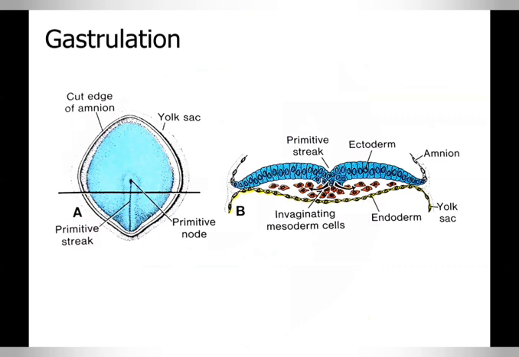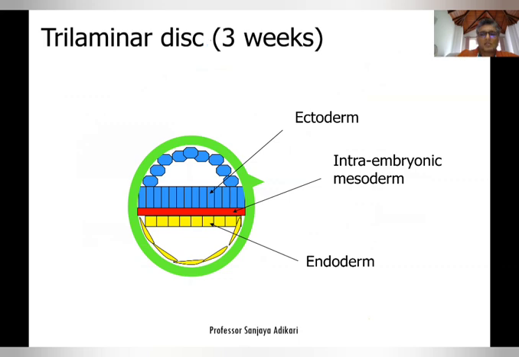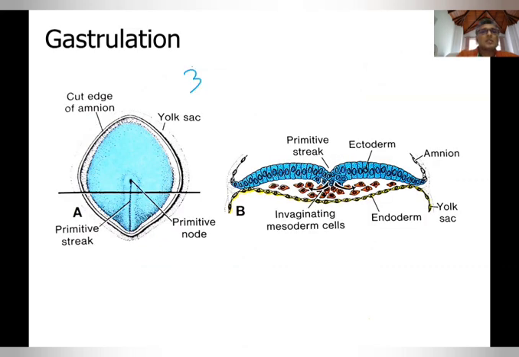Then this term, gastrulation. It looks like a big term, but it just means the formation of the 3 germ layers ultimately: ectoderm, mesoderm, and endoderm.